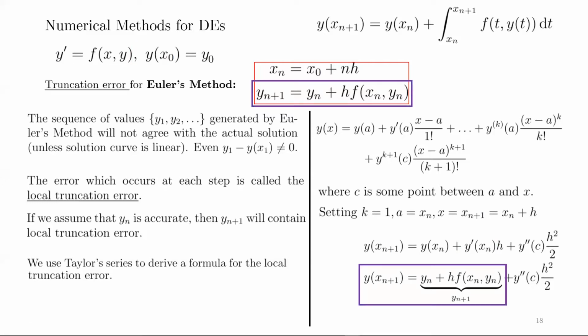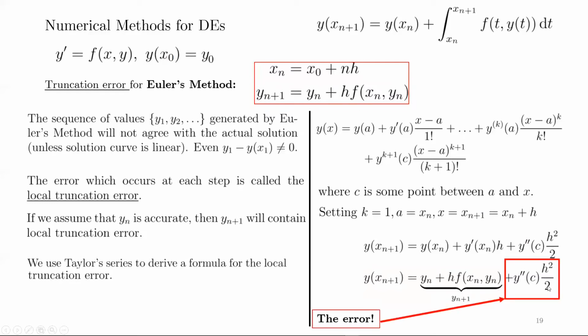This part in purple here is exactly the equation for Euler's method. So the bit that's left over, this y double prime evaluated at point C, where point C is somewhere between xn and xn plus 1, multiplied by h squared over 2, is actually just the error. So this is my local truncation error.